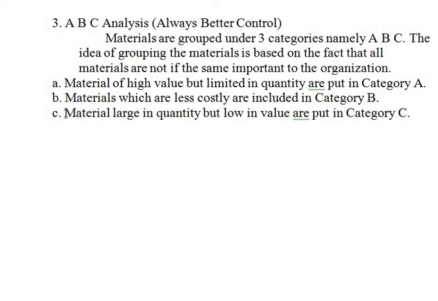Third category is material large in quantity but low in value. Okay, the quantity of materials available is very high, but the value of such materials is very less. Okay, the price of the materials is very less, but the quantity is more.